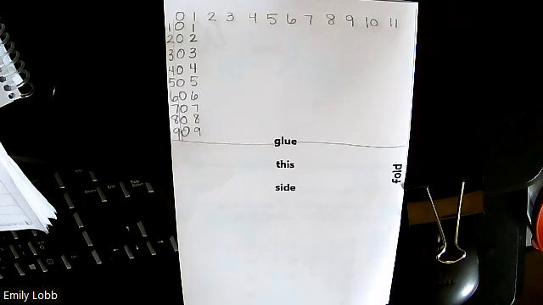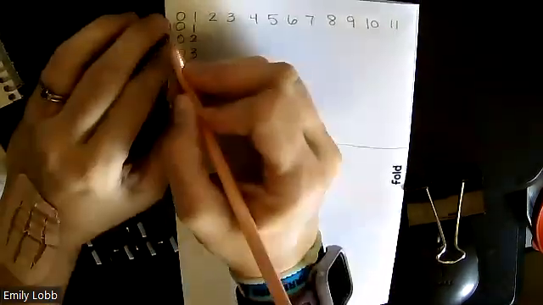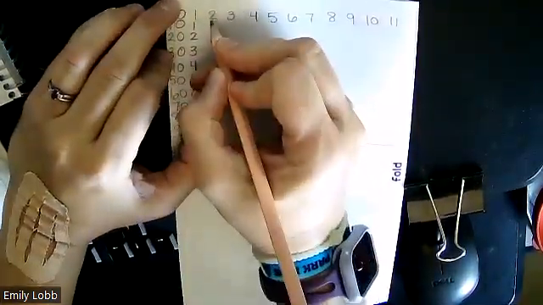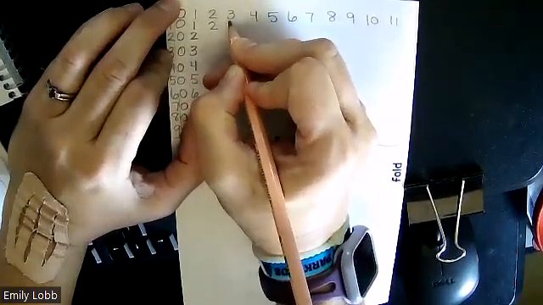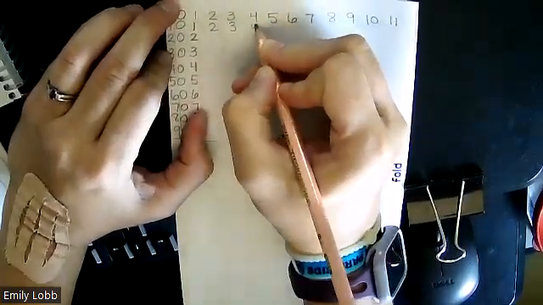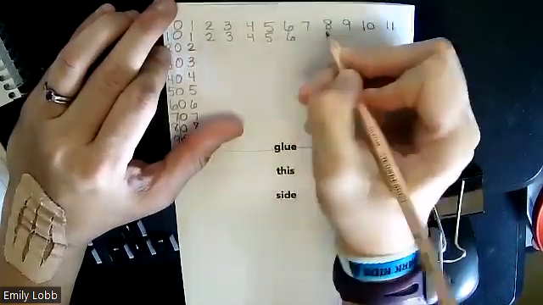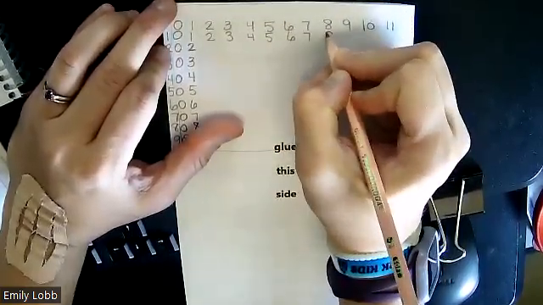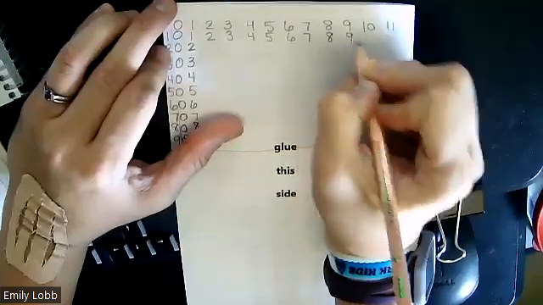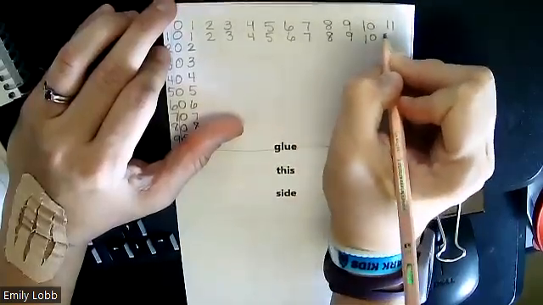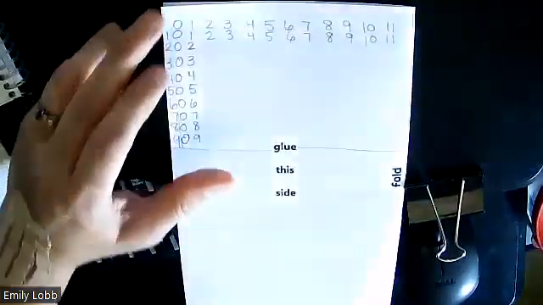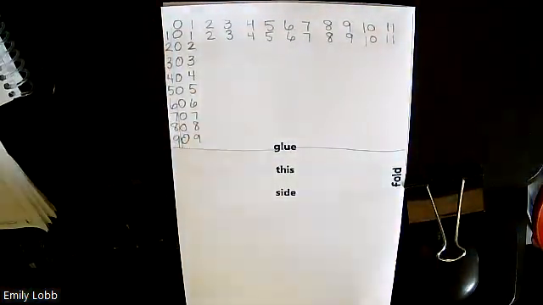So if we can count down, we're also going to count across. So we have 1, 2, 3, 4, 5, 6, 7, 8, 9, 10, 11. All right, take a second, make sure you're caught up, you get the right idea.